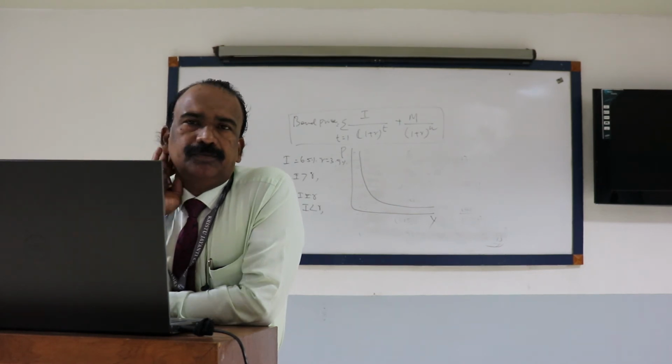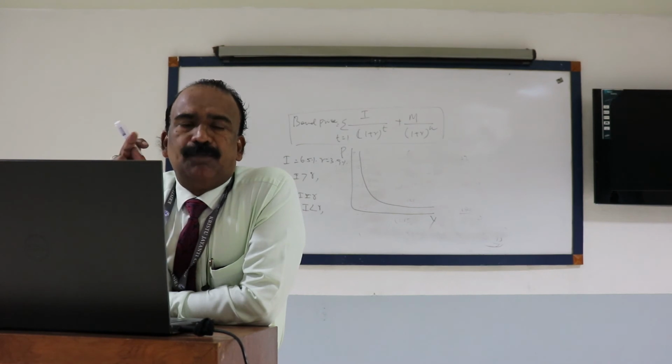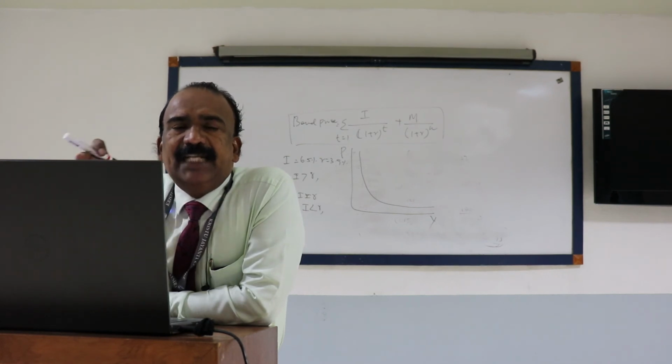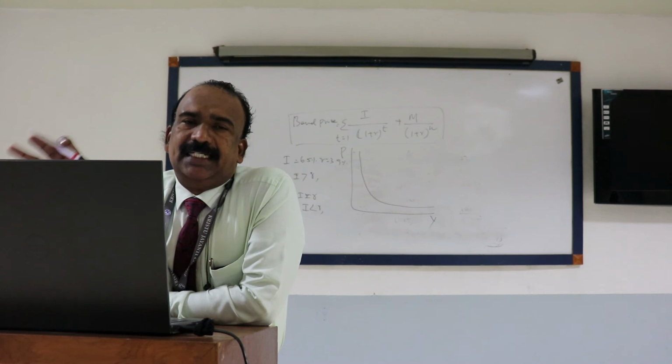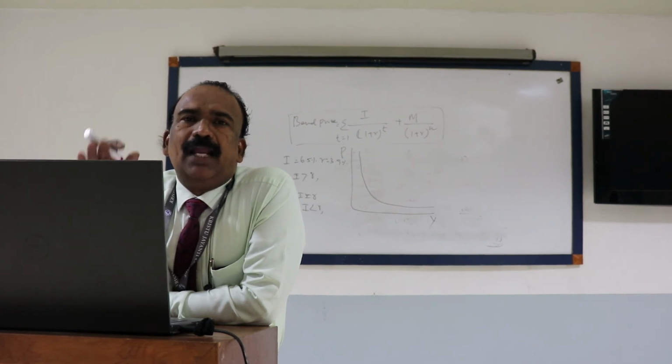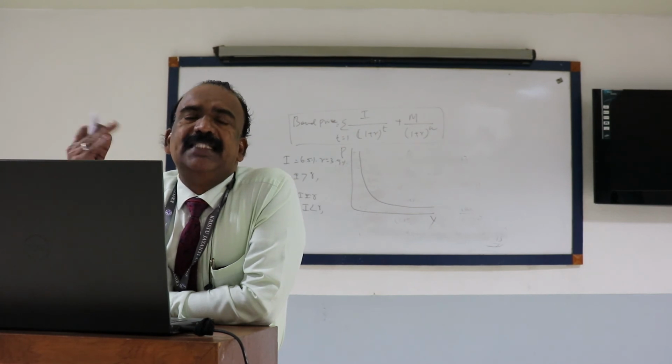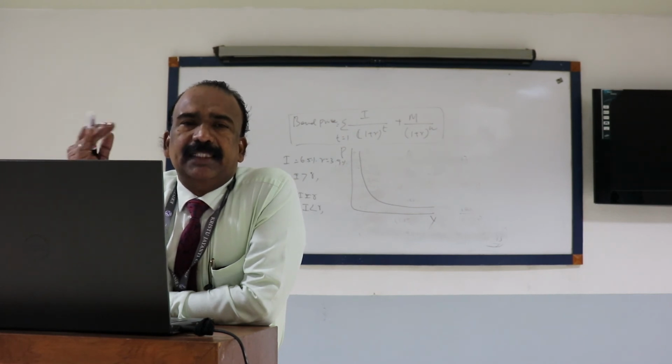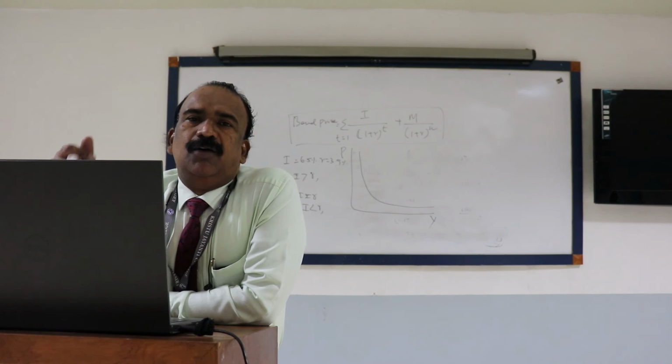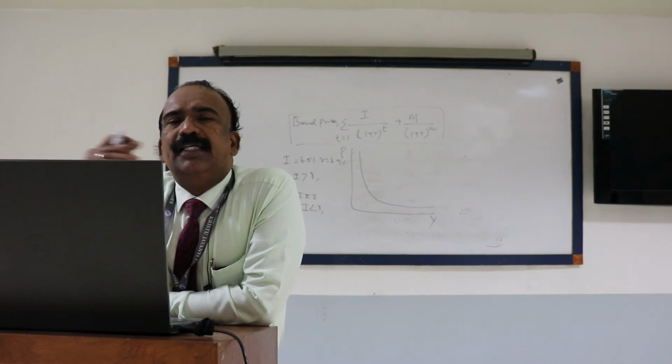So the price of the bond and the yield of the bond are inversely related. When R increases, the value of the bond decreases. When R decreases, the value of the bond increases.